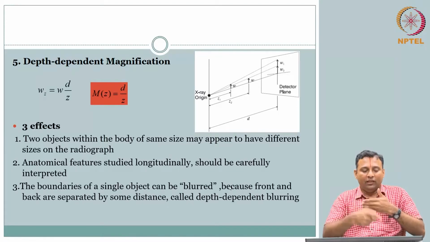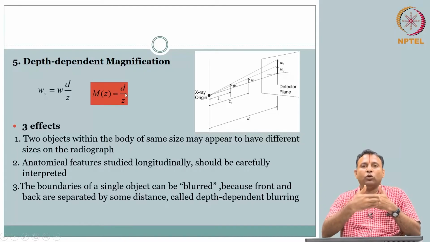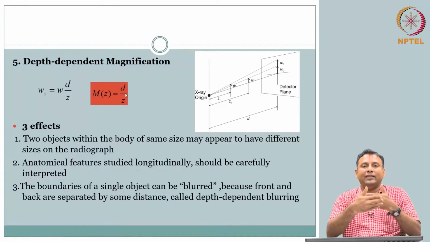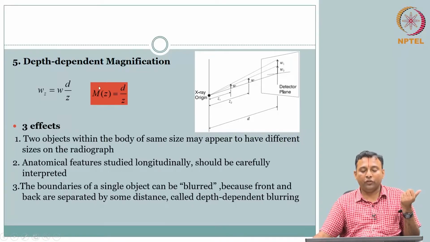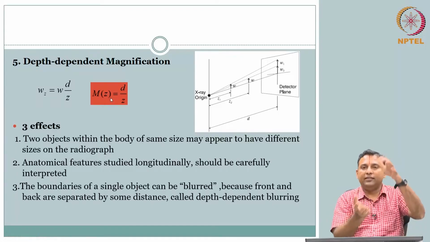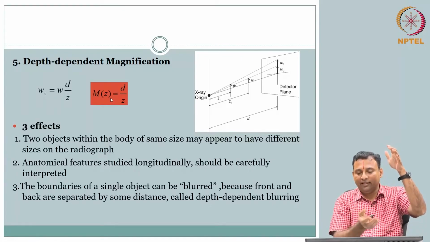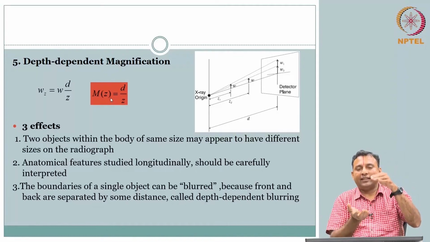Based on the magnification you have seen, the front end is closer to the source, the back end is away from the source. If you are moving towards the source, the size is increasing, right? If you are moving away from the source, the size on the detector is reducing.